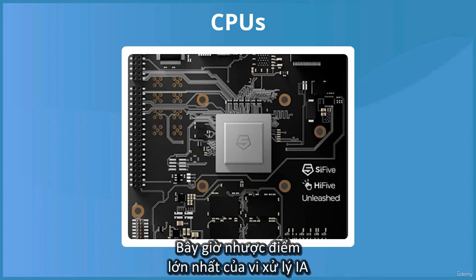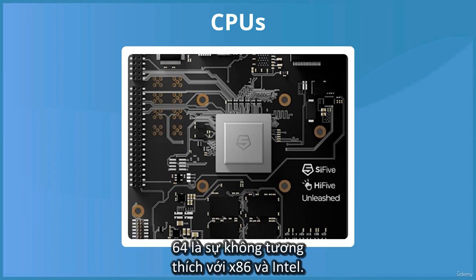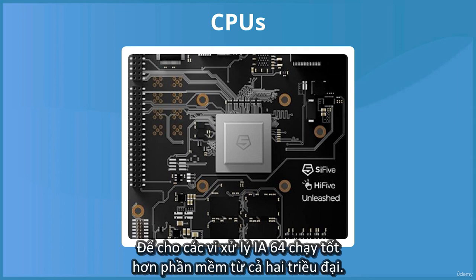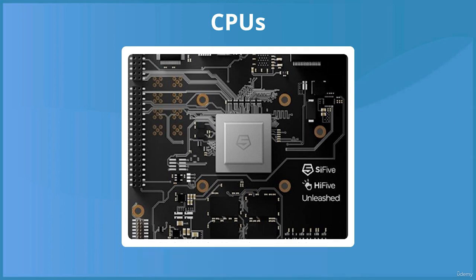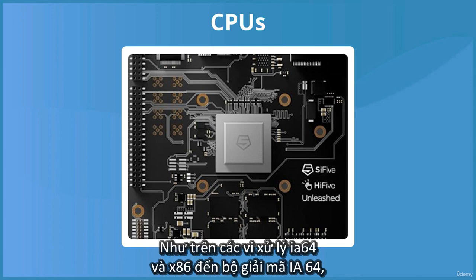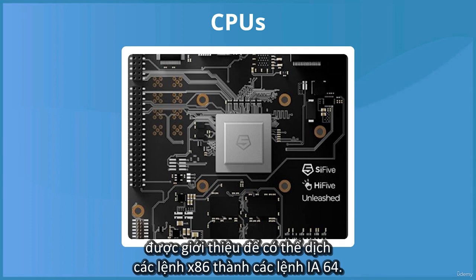Now, the biggest drawback of an IA64 microprocessor is their lack of compatibility with x86. And Intel, in order for IA64 processors to better run software from both dynasties, has on IA64 processors an x86 to IA64 decoder, which was introduced so that it could translate x86 instructions into IA64 instructions.